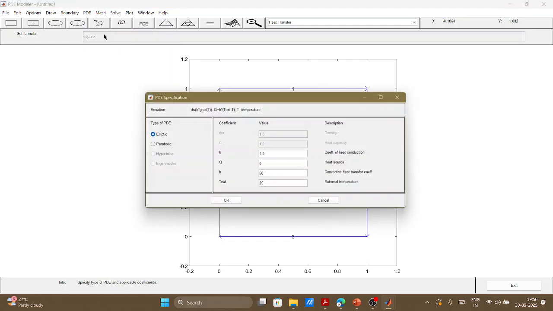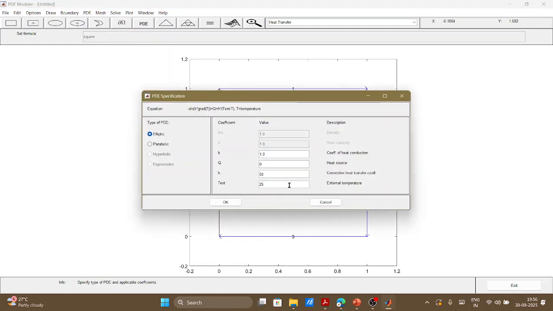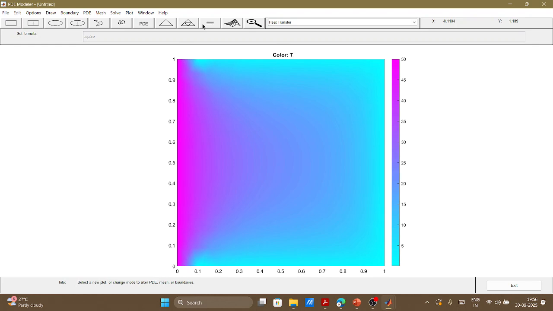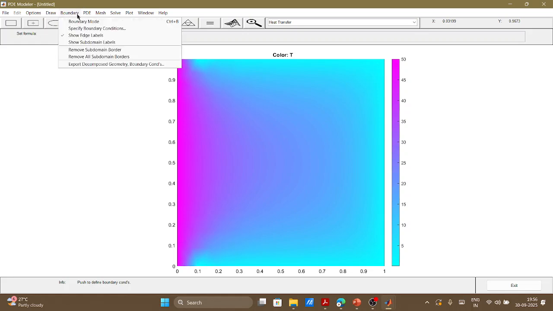PDE specification, external temperature, let's say 25. I'm not sure about the 0 value here. Let me see what I can do.